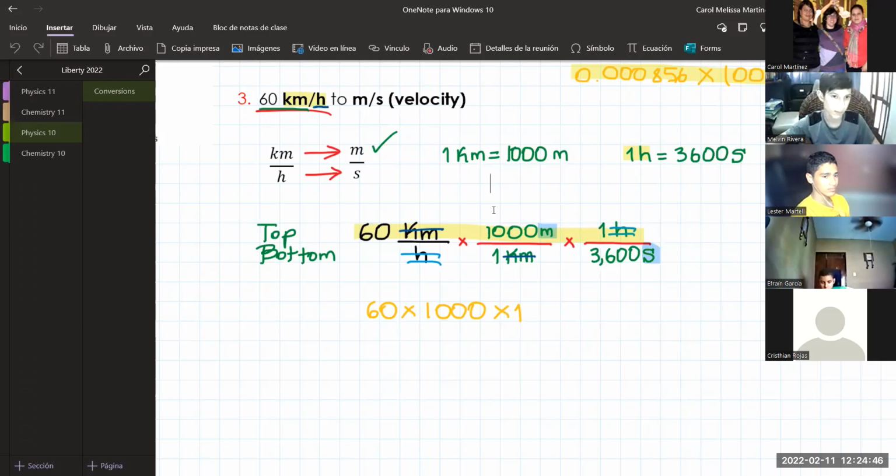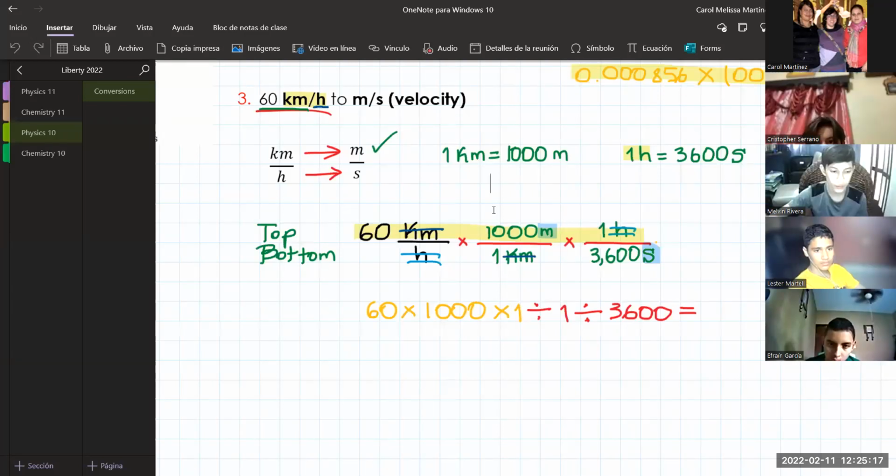Below, you're going to divide by what numbers? 1 and 3,600. Divided by 1, divided by 3,600. And then, of course, the equal sign. How much is this? Is 16.66.